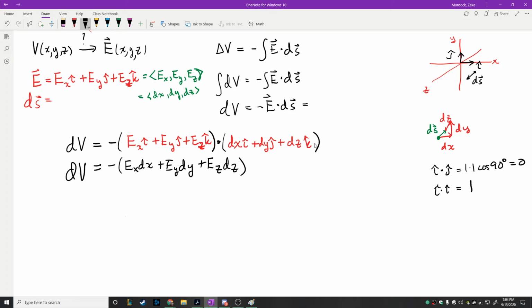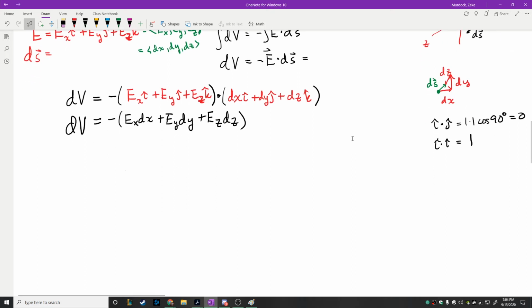We get this, I think this is sometimes referred to as a total differential. I gotta be careful about the language I use. But when you're given something like this, there is only one way that this statement can be true. And that is if Ex is going to be related to some kind of a derivative with respect to x. And I want to explain this in one dimension really quickly.